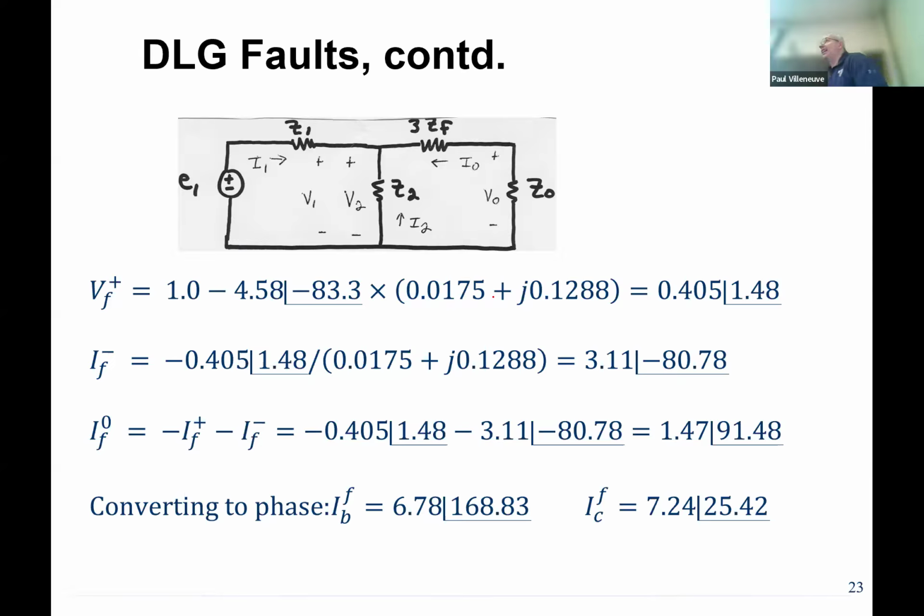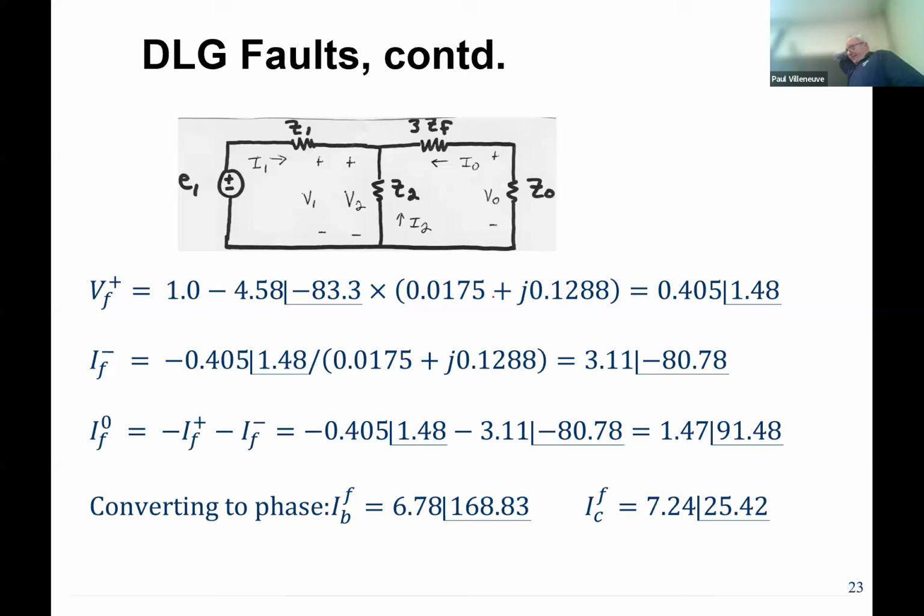So I'm just going to divide each of those by their Thevenin equivalent impedances and get those values there. And then at the end, I get a phase fault current for phase B at almost 7, and for IC just over 7. So remember how I said IB and IC don't need to be the same? You can see that they're not the same there.